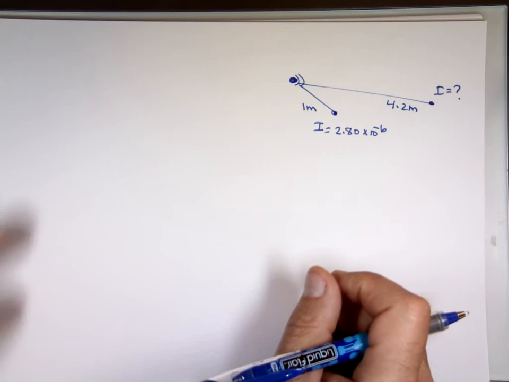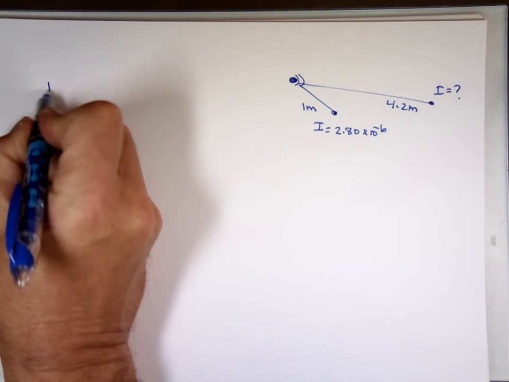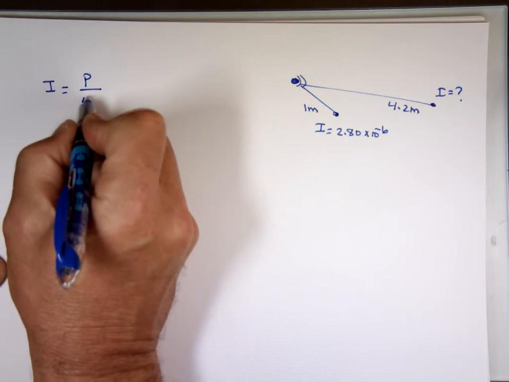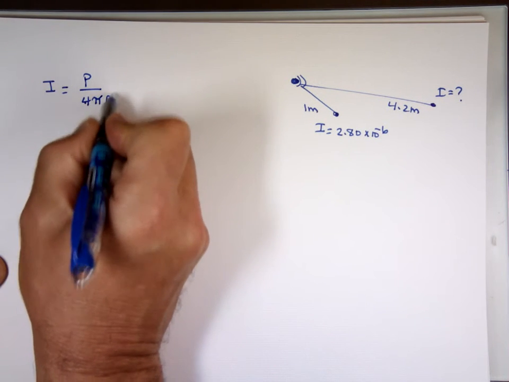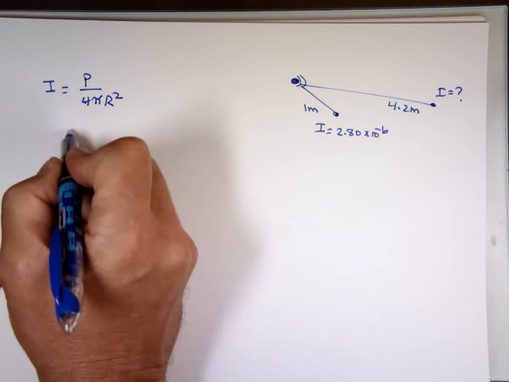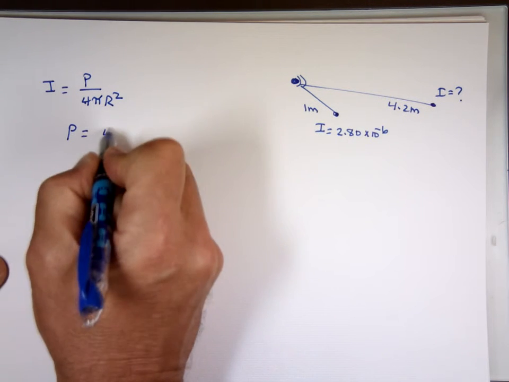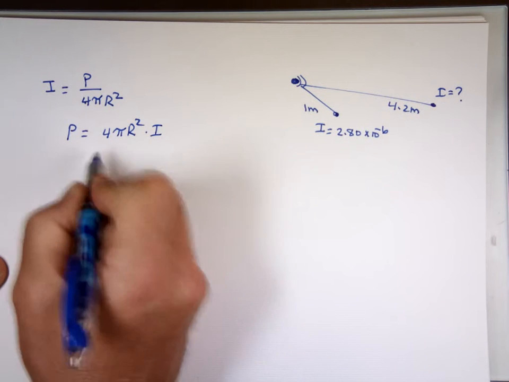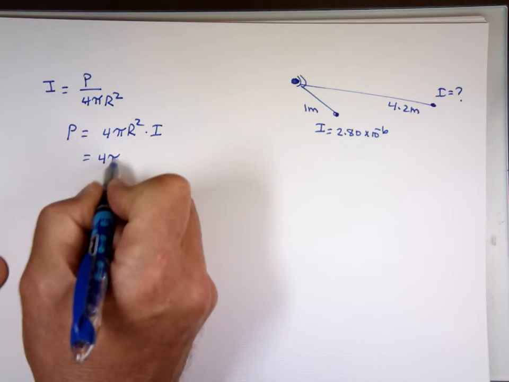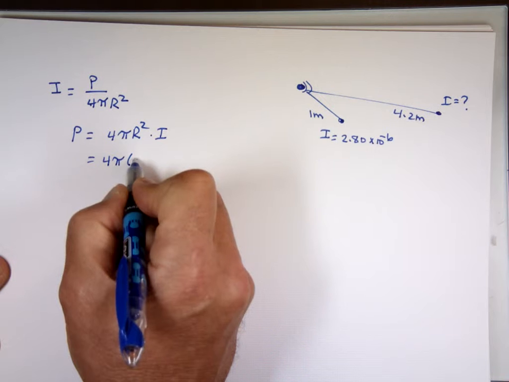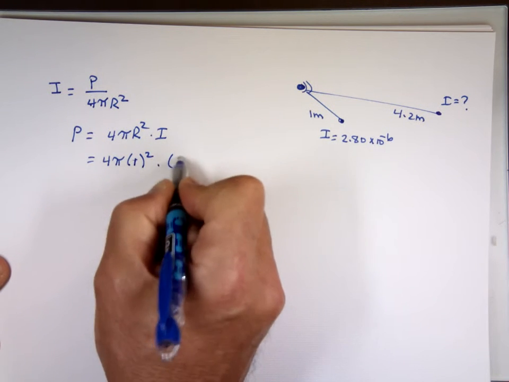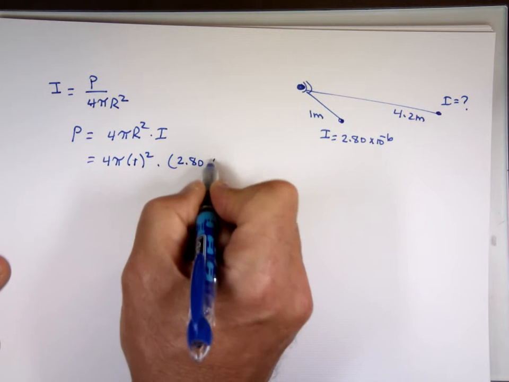Okay. So now, intensity is power over 4 pi r squared, or area. Power equals 4 pi r squared times I. R is 1, squared, times the intensity, which is 2.80 times 10 to the negative 6.